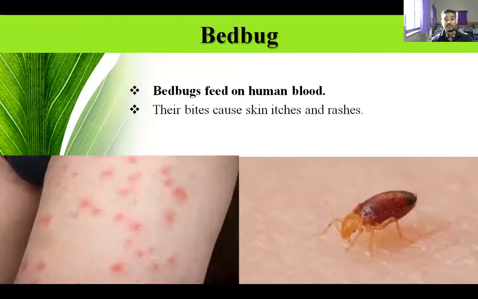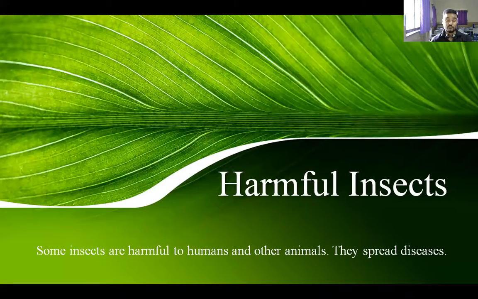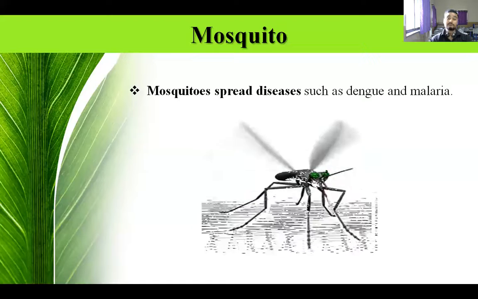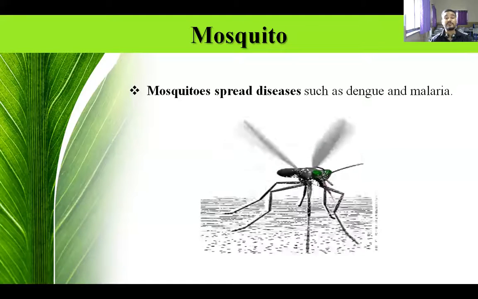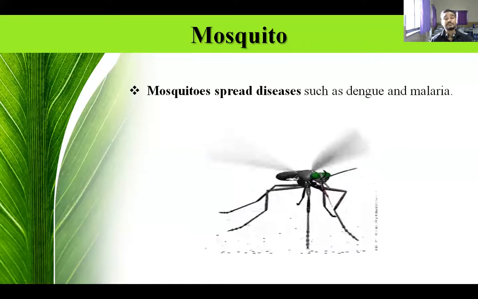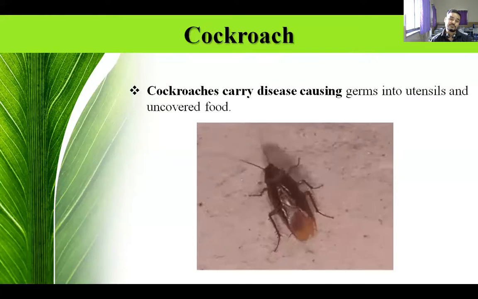Harmful insects, we are going to repeat it once again. Why are those harmful? Because they spread diseases. Mosquito, which disease does the mosquito spread? It spreads dengue and malaria. Houseflies, cholera, typhoid and dysentery.